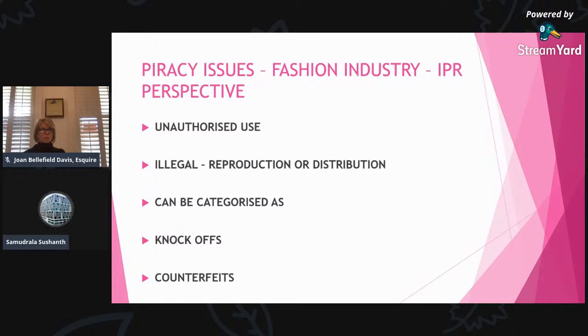And if you're one such victim who thinks that there's a lot of loss that you have incurred, not to worry. The law gives you three kinds of remedies. Number one, you can exercise civil remedies and seek compensation and damages. Number two, you can exercise criminal remedies and lodge a criminal case for passing off, copyright infringement and things like that.